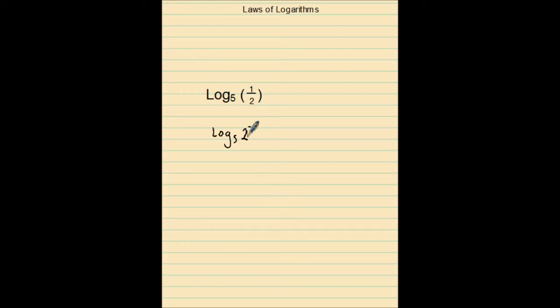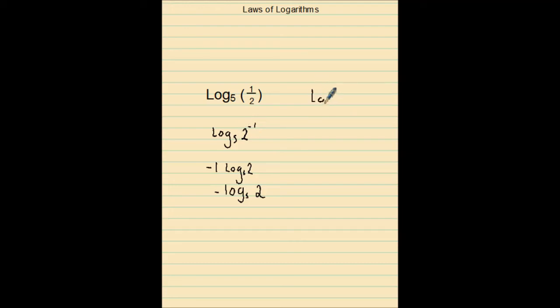And now, having written it out in a form with an index, I can bring that minus 1 round to the front. In other words, I'll just make sure I put the bases in there. And this is something that you need to be on the lookout for.